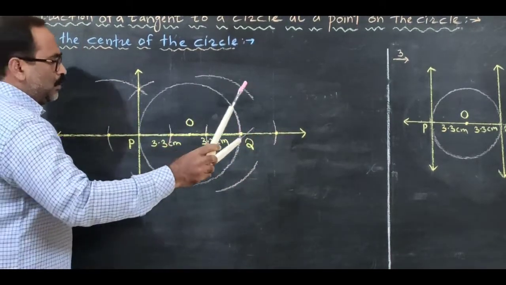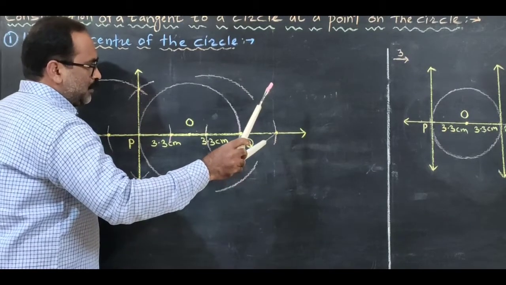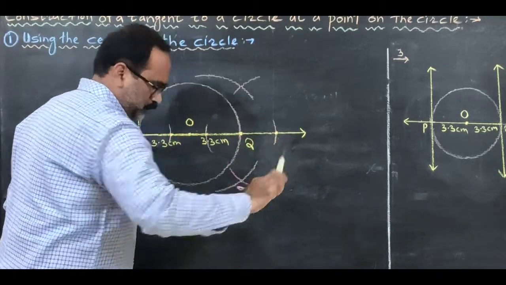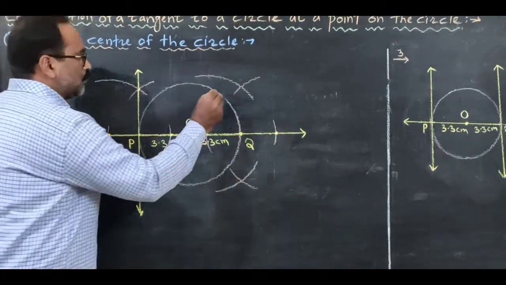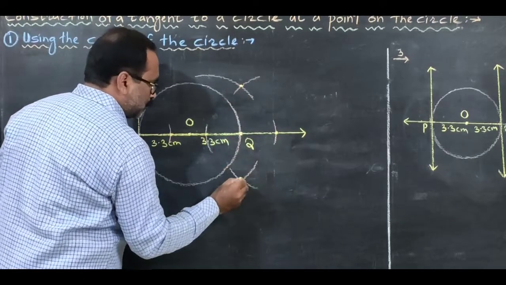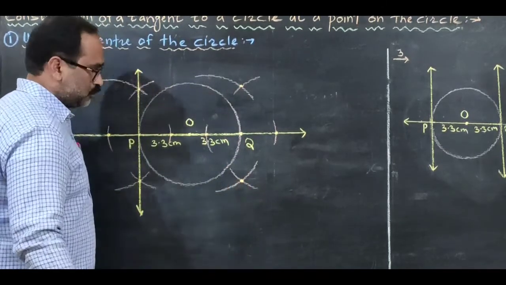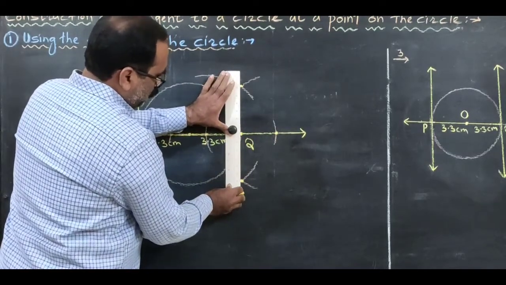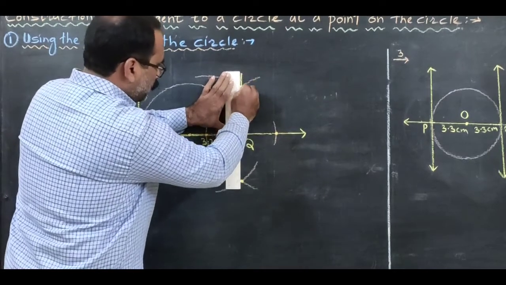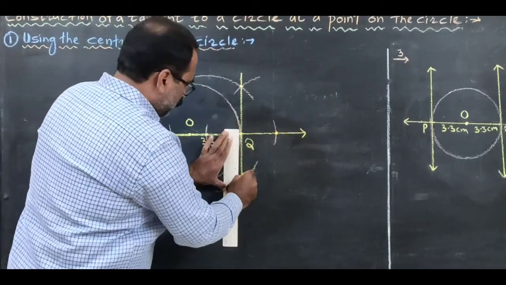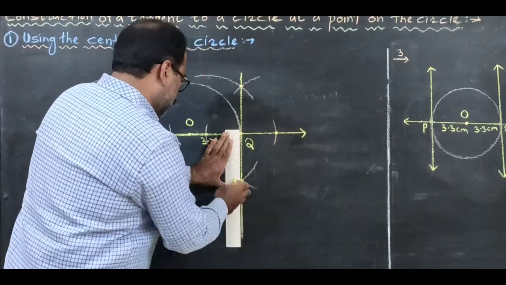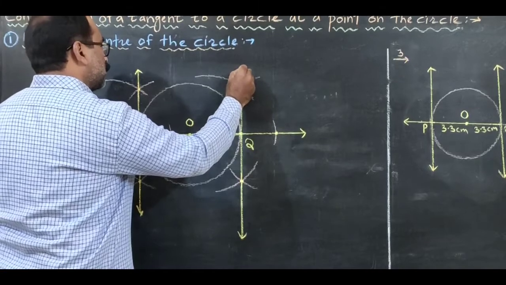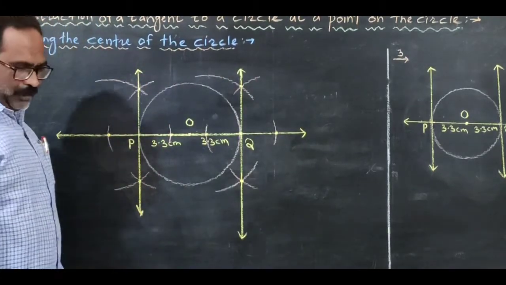Without changing distance, we put the nib of our compass at this point and we draw the arc intersecting the previous arc. Here we complete the figure.